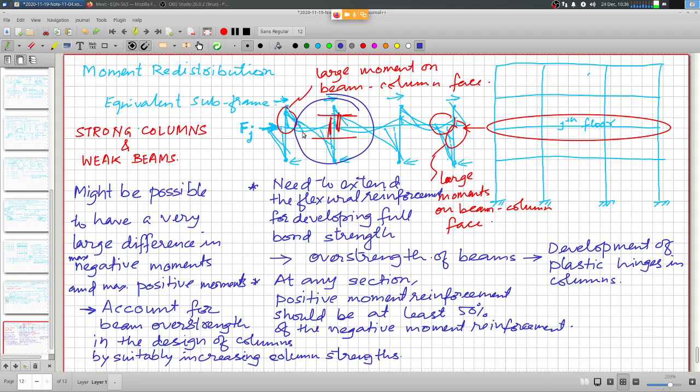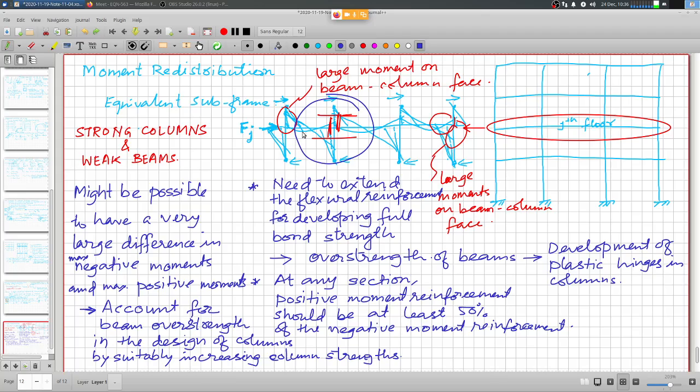Once that is achieved, we will still be adhering to the strong column and weak beam concept, but the chances are it will lead to very complex reinforcement detailing and a very uneconomical design. A very large amount of steel would be used.